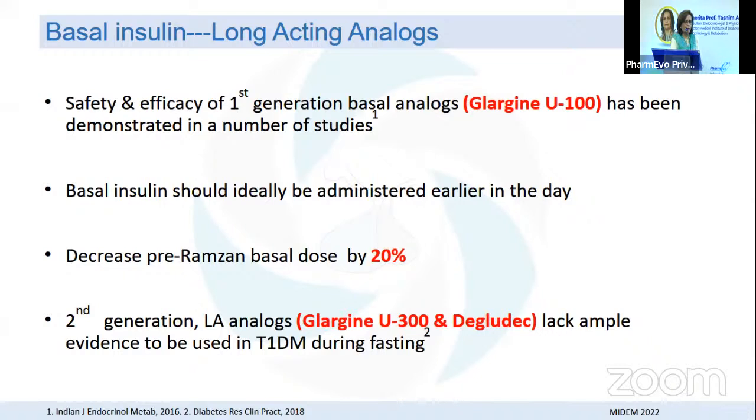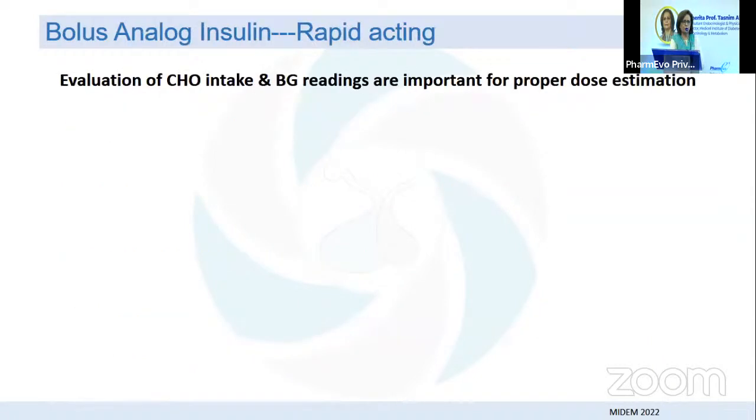What about the analog? Evaluation of carbohydrate intake and blood glucose readings are important for proper dose estimation. I keep saying this. Bolus dose is based on carb counting, and not just carb counting, you need to use the insulin carbohydrate ratio, which is dependent on insulin sensitivity factor, and that varies between different meals.